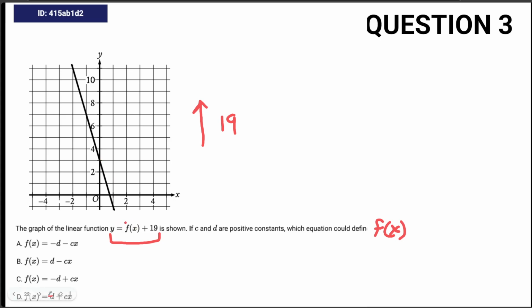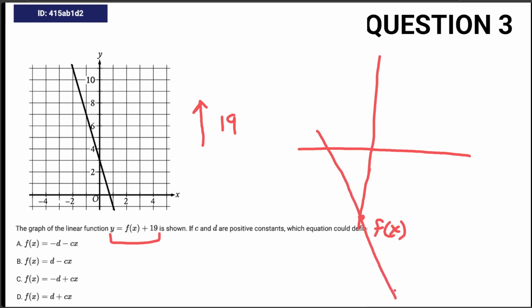To find f of x, you just do this minus 19, which shouldn't be too much of a problem. If we can just visualize this here, we have the graph, and instead of being at 3, it's way down here at negative 16 or so, and then we should have the same slope, because the only thing we did is change where it was.